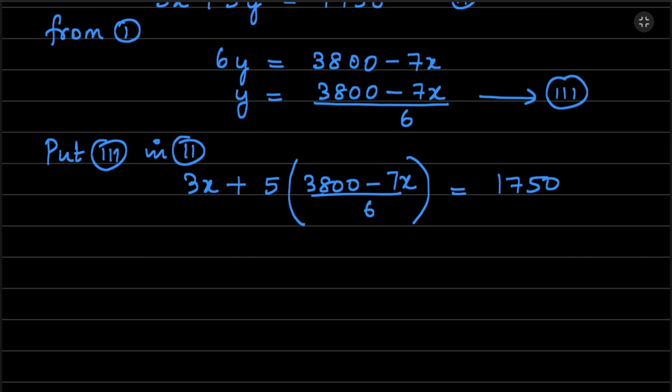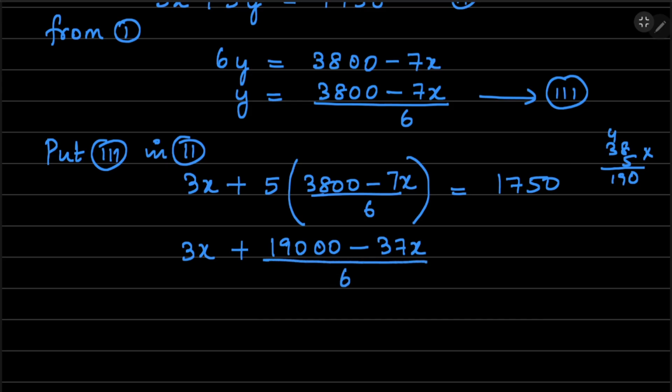Now here you have 3x plus, let's multiply it inside. What do you get? 38 multiplied by 5. 5 8s are 40, 0, 4, 15 plus 4 is 19, so 190 and then the 2 zeros. Minus 5 into 7, 35x, whole divided by 6 equal to 1750.